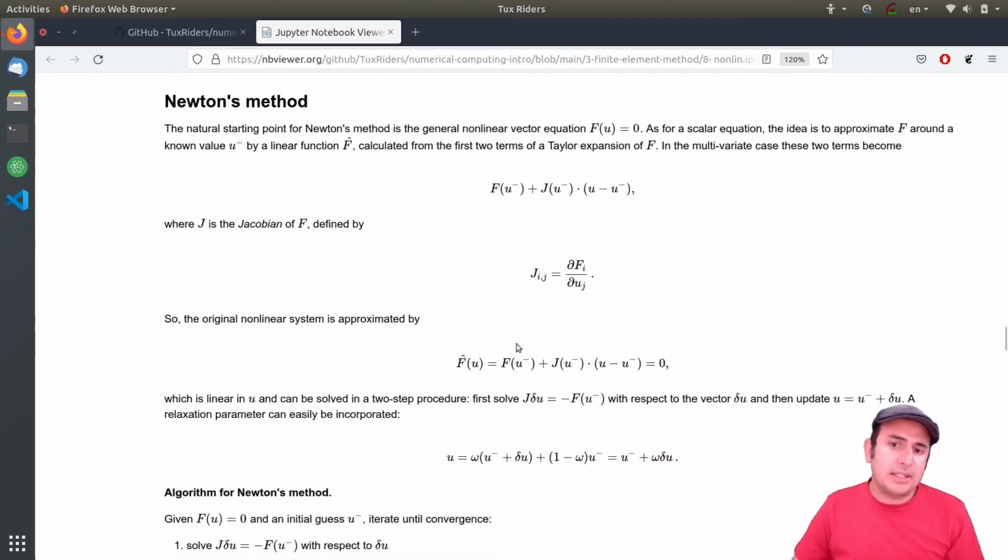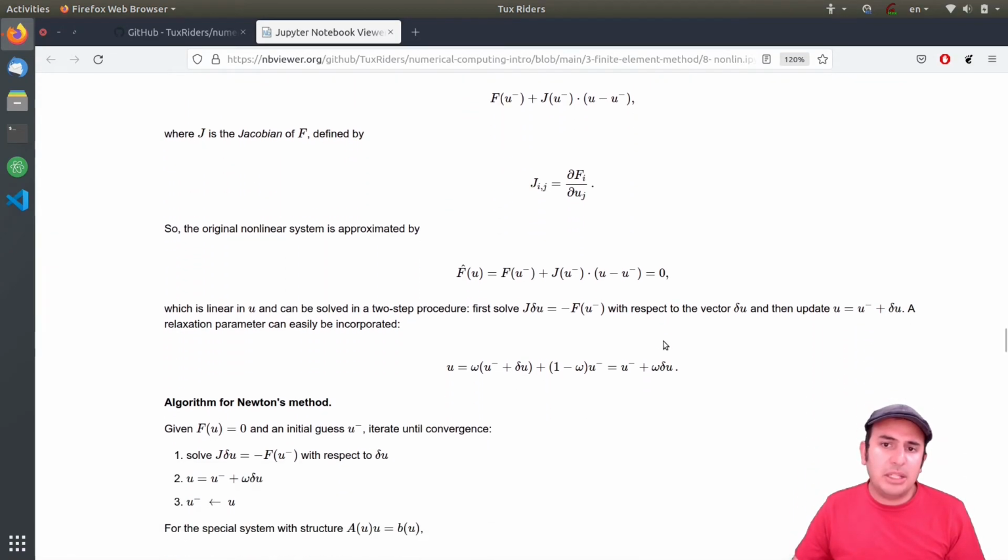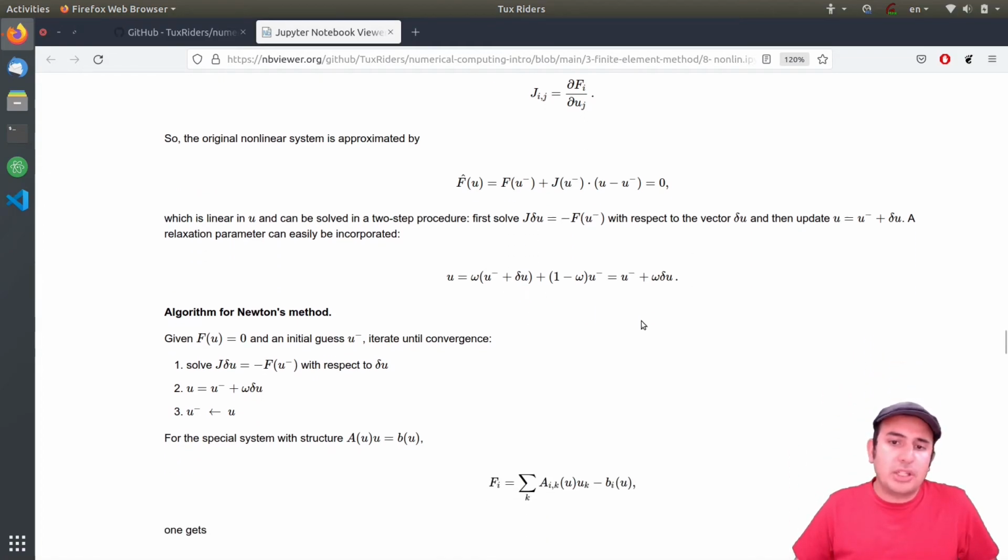So that's very similar to what we discussed. And then in Newton, now we have a new term here, J, which is usually used for the derivative of differential equations. It's a Jacobian, because you have different components in a PDE especially, and then you need to define the derivative based on all the components that you have, with respect to all the components. And that's why I said it's a bit complicated in PDEs, but the solution is more or less the same.